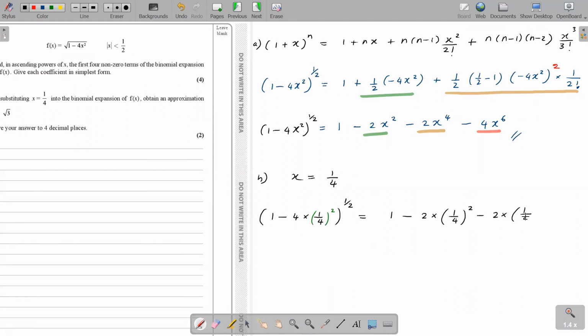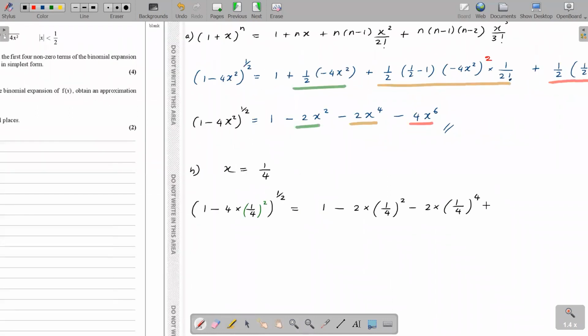It's absolutely important you show your working, otherwise you will lose method marks and that means you lose the accuracy marks. So 1 minus 2 into 1 over 4 squared minus 2 into 1 over 4 to the power 4 minus 4 into 1 over 4 to the power 6. Show the substitution. Even if you feel it takes your time, do it because that is a necessary step here.